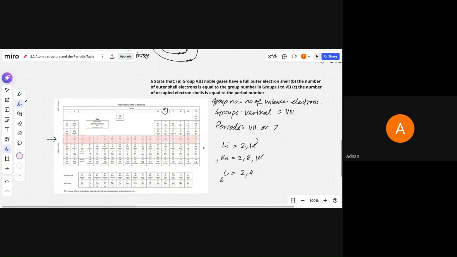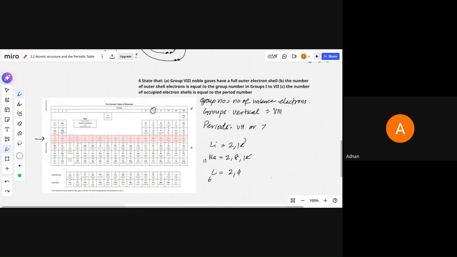All these elements will have 4 shells. Calcium will have 4 shells, 1, 2, 3, 4, and krypton will also have 4 shells. This is what the topic is telling us: the number of occupied electron shells is equal to the period number.